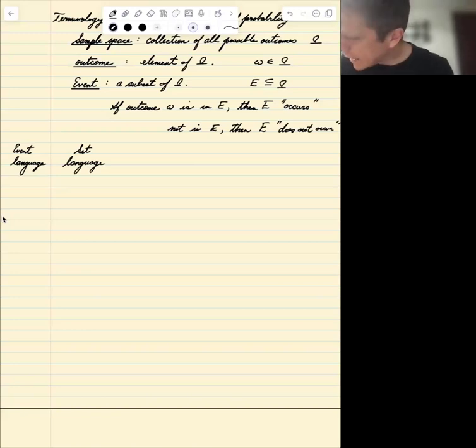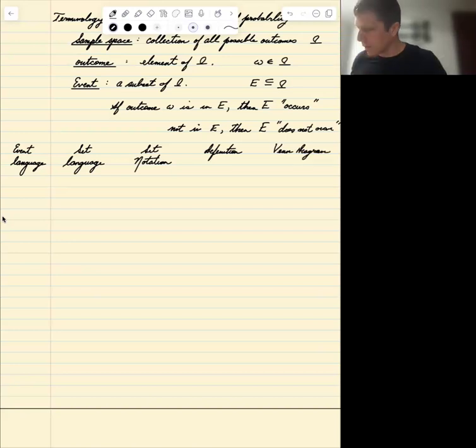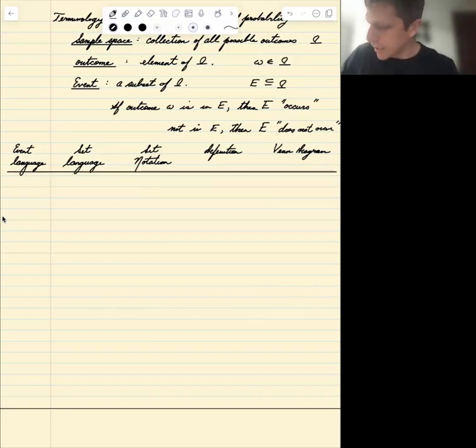There's going to be set notation, there's going to be the definition, and we can visualize it with a Venn diagram. So it's going to be a very important and useful table for us. Okay. So let's start. Sample space.